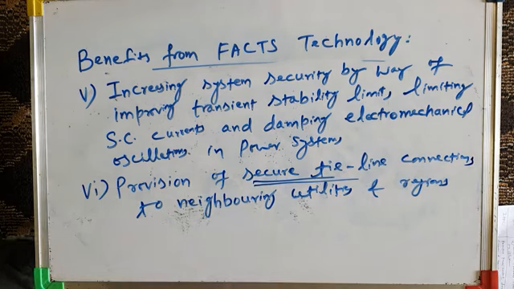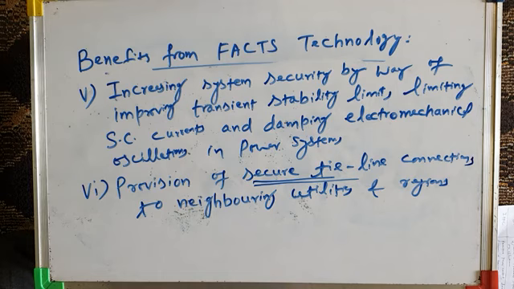So these are the main benefits or main advantages of using FACTS technology. That means with the help of FACTS technology, we can exercise complete control of power flow over various transmission lines, thereby avoiding the possibility of overloading of the lines, parallel transmission lines. We can also increase the loading capability of transmission lines to their thermal limits. We can also reduce reactive power on a particular transmission line, thus allowing more active power to flow over it.